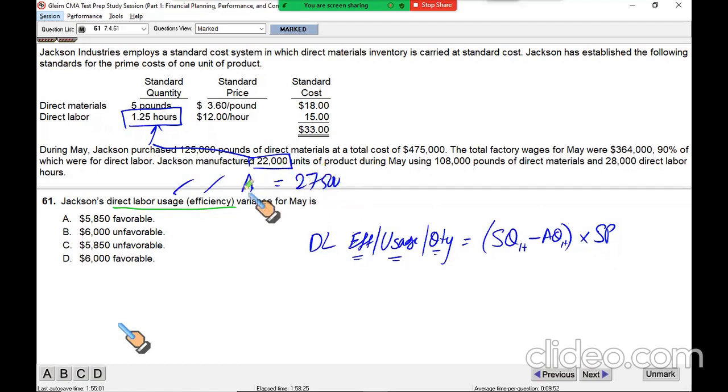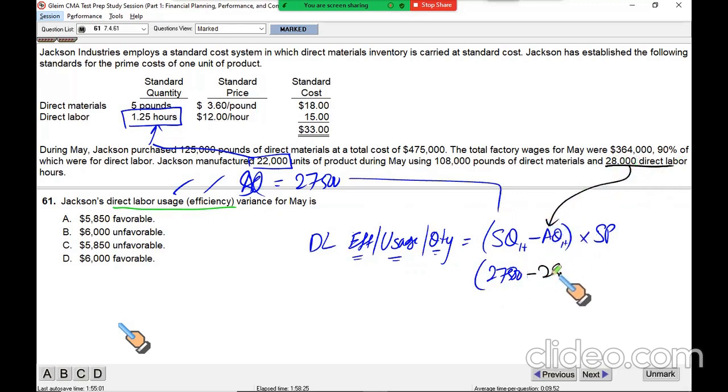This is the standard quantity that you should have used as per your standard hours allowed. But unfortunately, you ended up using 28,000 labor hours. Actual hours worked were more than the standard.